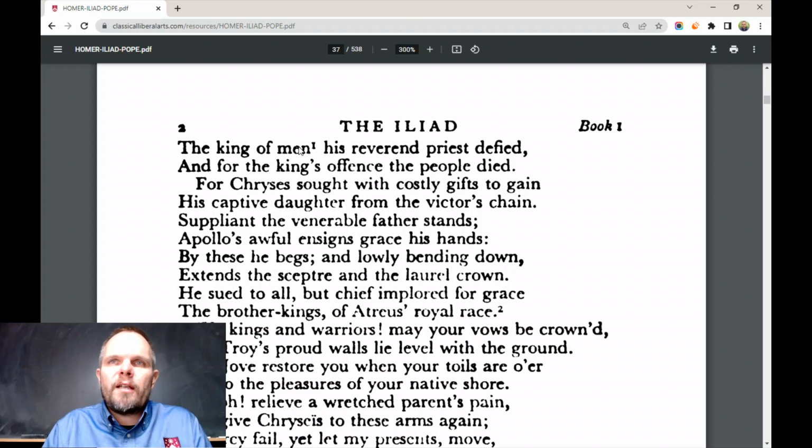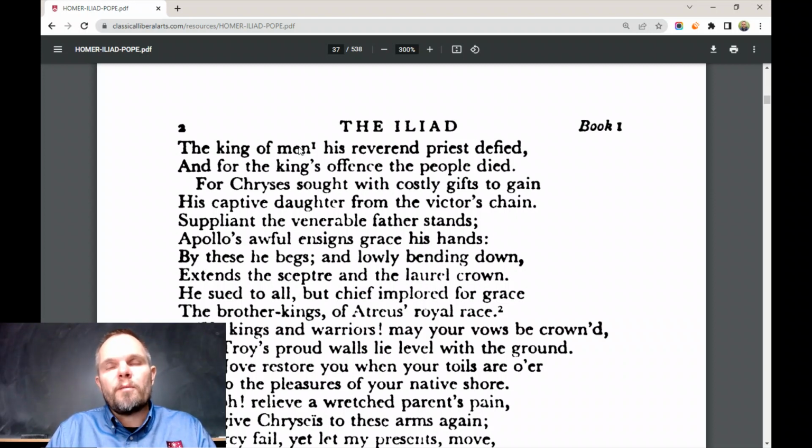He was the king of kings, as it were, speaking of human kings. The king of men, Agamemnon, his, that is Apollo's, reverend priest defied.